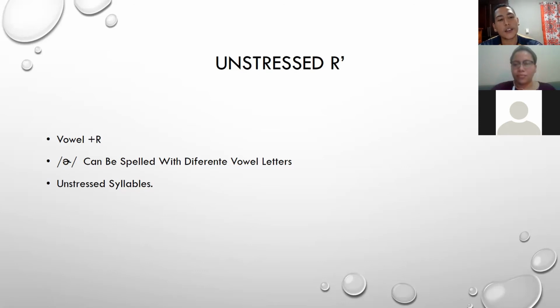It is represented like an inverted, upside-down e with a comma, just like the schwa sound, but without a comma. It can be spelled with different vowel letters. And this is the main difference with the other sound: it is in unstressed syllables, but it has some mechanical difference too.